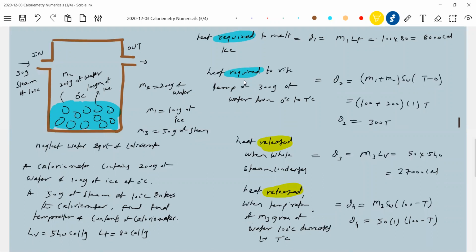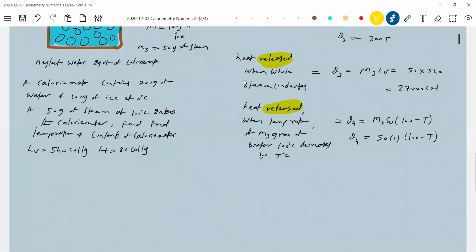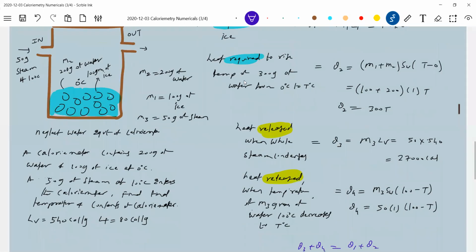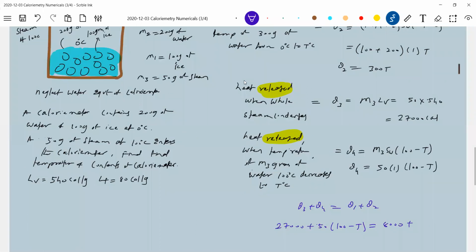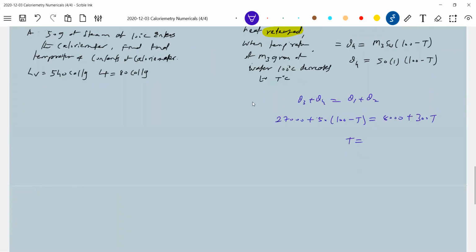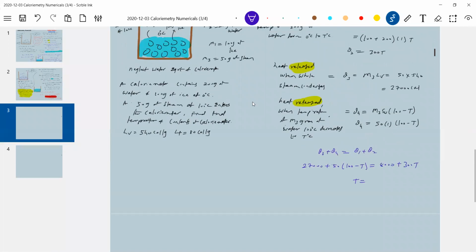So the next thing is Q3 plus Q4 equals Q1 plus Q2: 27,050 into (100 minus T) plus 8,000 plus 300T. Solve this, you'll get the expression for temperature. Sir, 68.57.